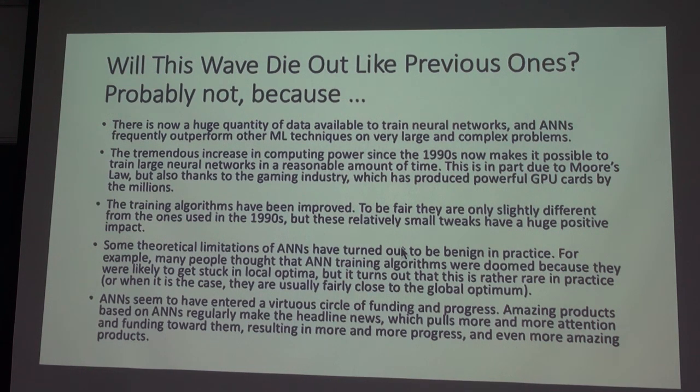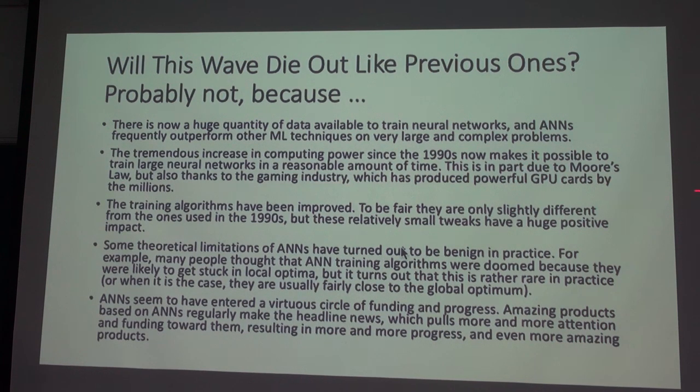Siri, video searching, image searching, as well as AlphaGo, all those examples. Also, there is a tremendous increase in computing power since the 1990s, which makes it possible to train large neural networks in a reasonable amount of time. This was not available in the 1990s. This is in part due to Moore's law.